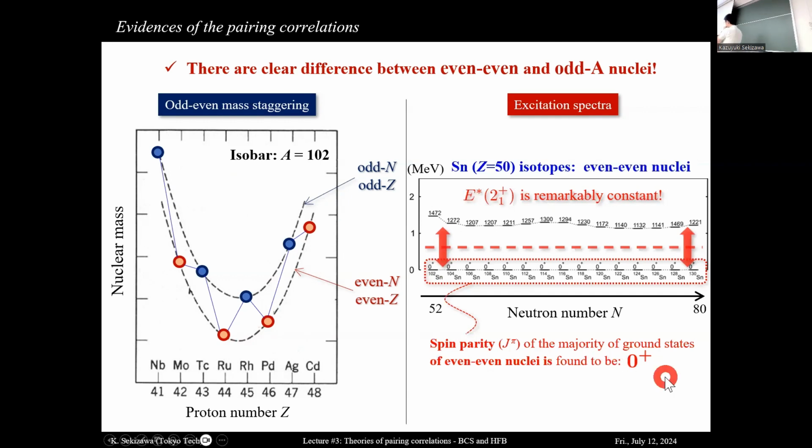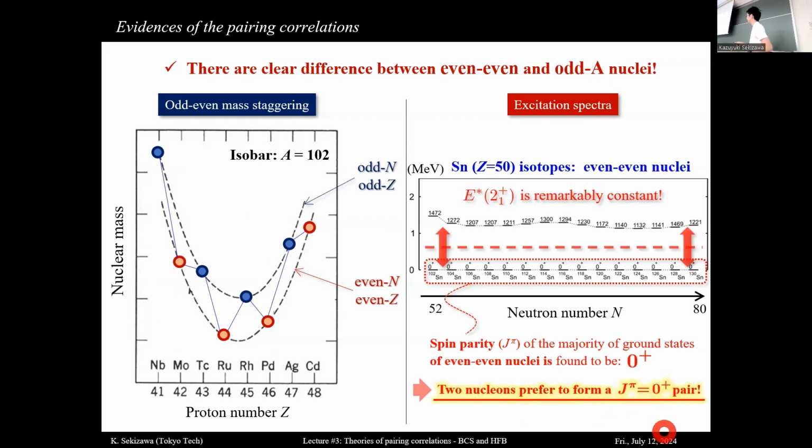Not only tin isotopes, but the majority of even nuclei show the ground state spin parity 0 plus. And this is also related to the Cooper pairing. Two nucleons form a Cooper pair, and those pairs have spin parity 0 plus. Because of this, the majority of even nuclei show ground state spin parity 0 plus.